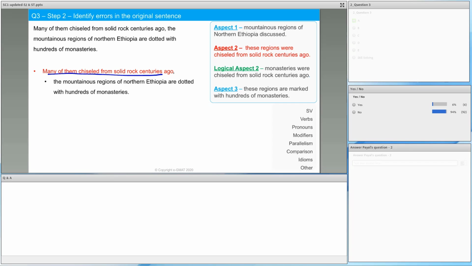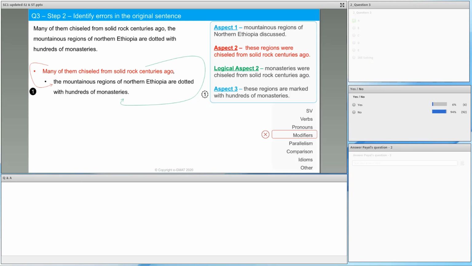But apart from this meaning error, if we look at the grammar of the sentence, there is nothing wrong. So once again, this sentence proves that it is not the grammar that decides the correctness of the sentence. It is the meaning. Meaning is the key to crack GMAT SC. Grammatically, there is nothing wrong in this sentence, but the meaning that this sentence presents is absolutely illogical.